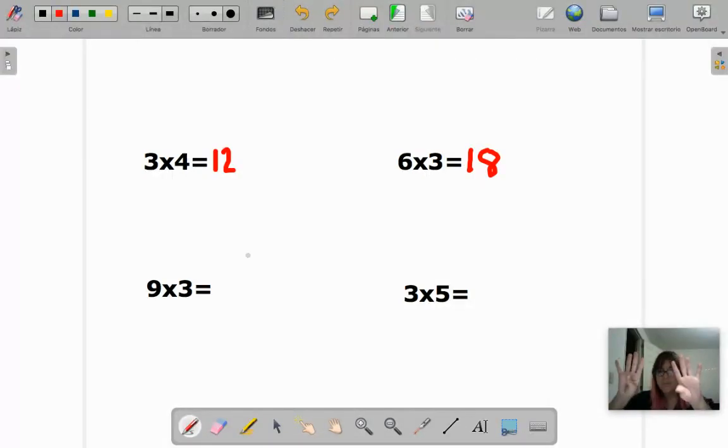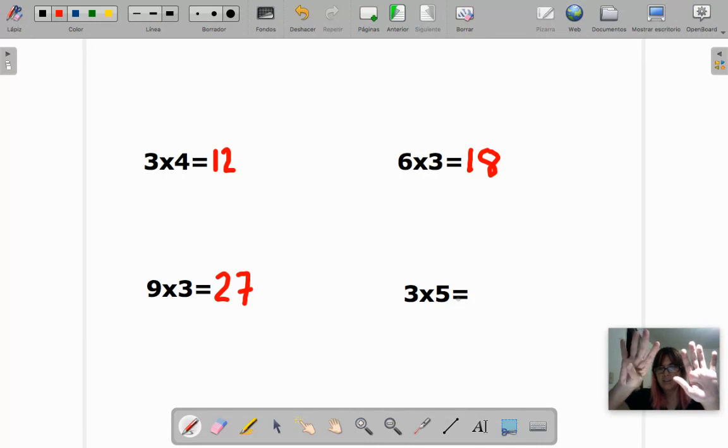If you don't memorize the middle, do it all. 3, 6, 9, 12, 15, 18, 21, 24, 27. When I get to the 9, the answer is 27. And the last one, 3 times 5. This is my finger 5.